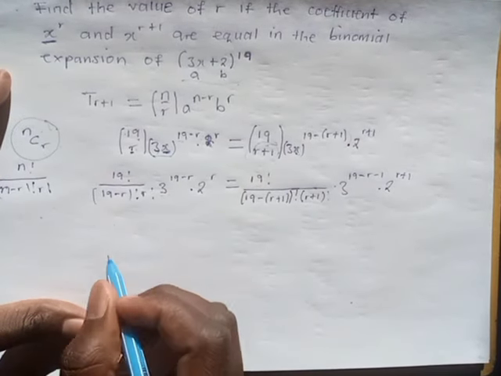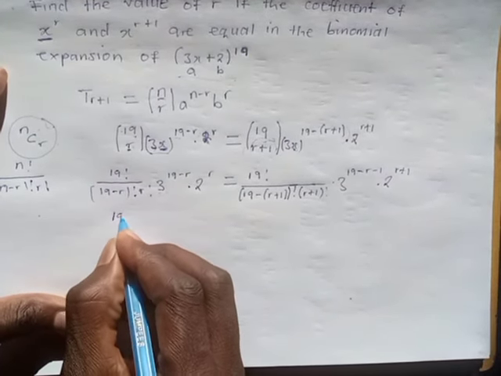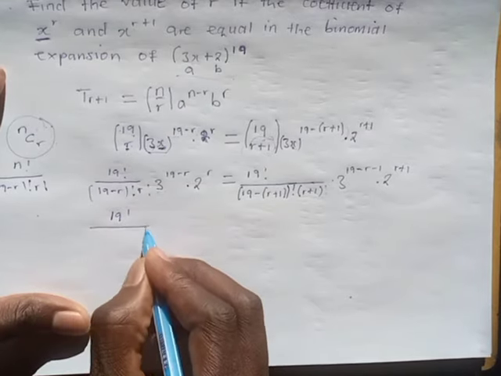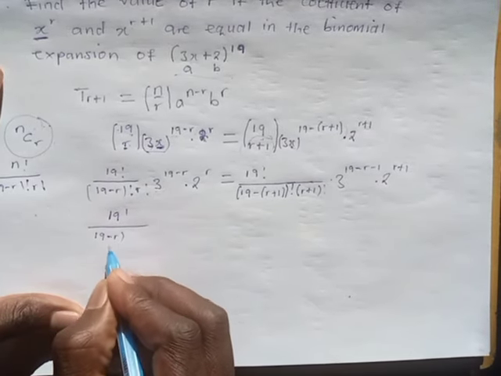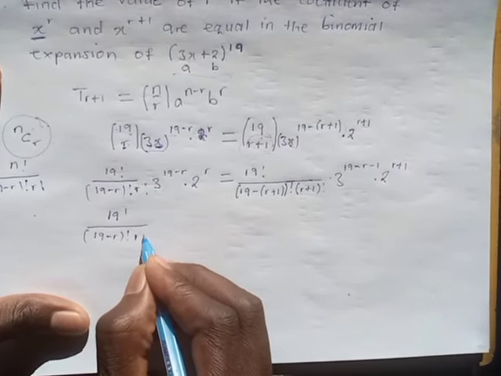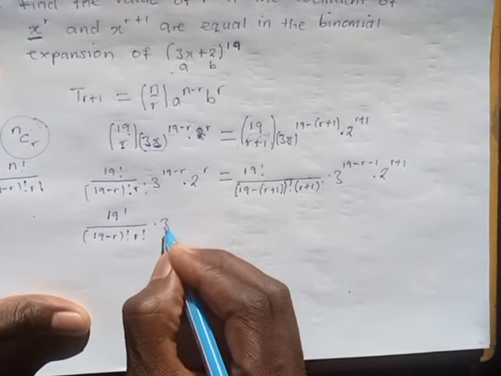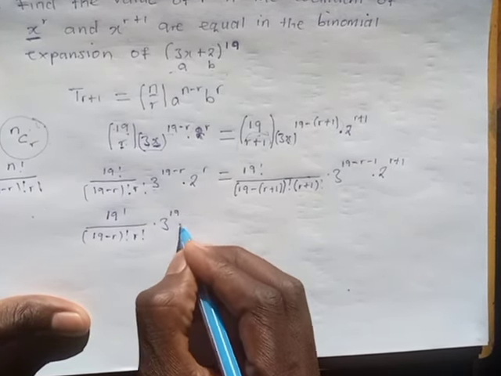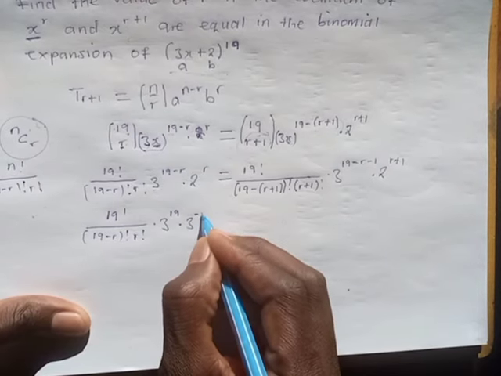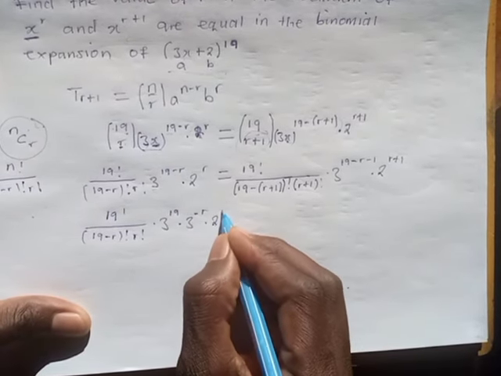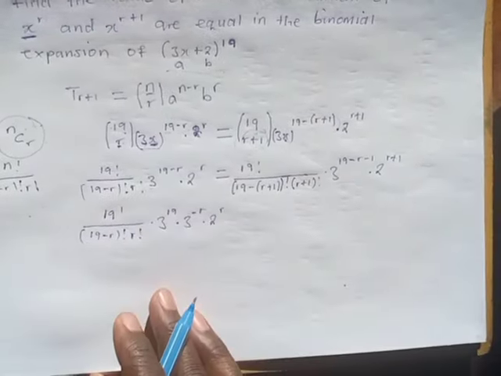How can you reduce this one? We can write our next step as, say, 19 minus r factorial r factorial. This can be written like this: 3 to the power of 19 multiplied by 3 to the power of negative r dot 2 to the power of r.